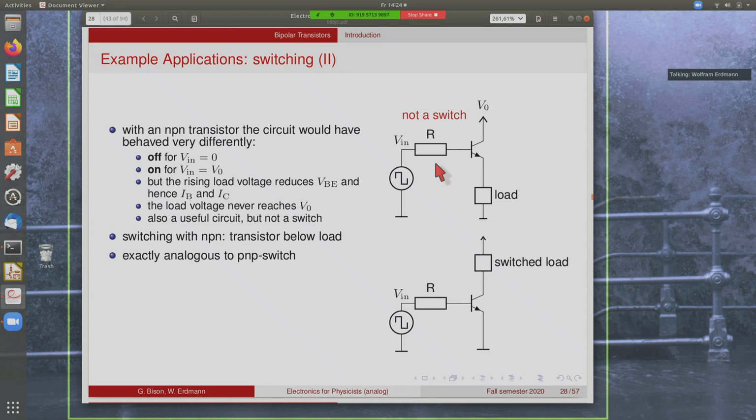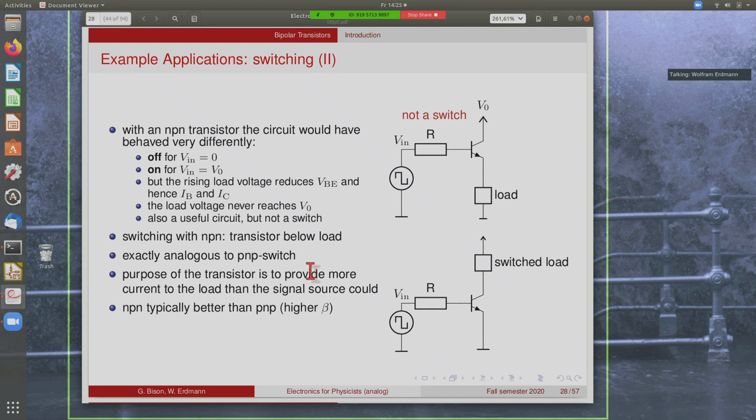If you want to do switching with an NPN transistor, then you need to put the transistor below the load. This is shown here in this configuration, where the load is connected to the collector and not the emitter. Then whatever the load does does not affect the potential difference between the base and the emitter, and then it is a perfect switch again. So this is completely analogous to the PNP switch.